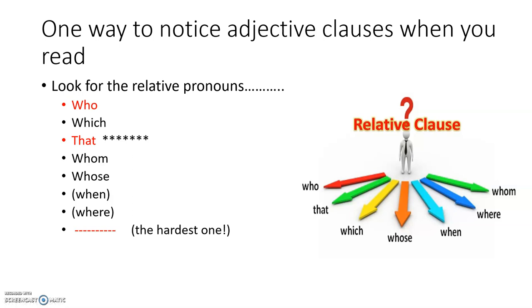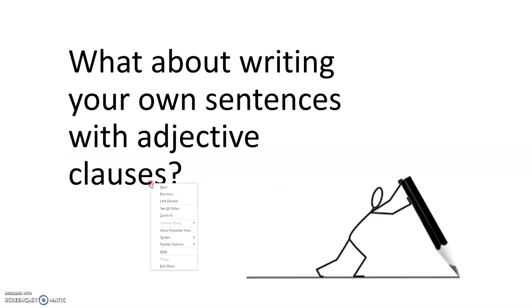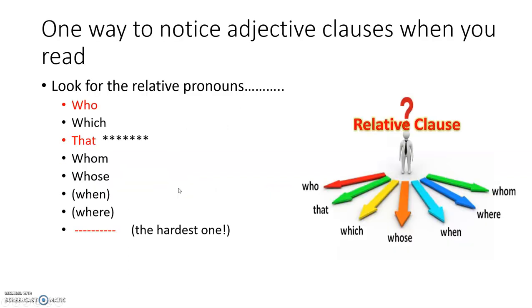So when you read, one way to notice adjective clauses would be to look for those relative pronouns. So remember, adjective clauses are also called relative clauses. We call these words relative pronouns, and those are often the first word in the adjective clause.